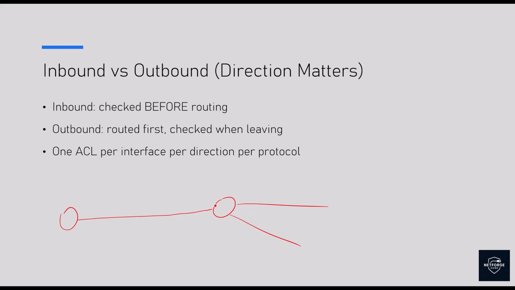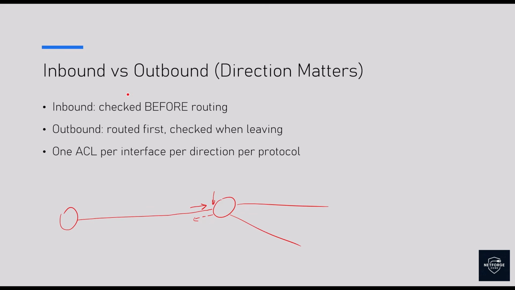If I want to apply an access list on this specific interface, I can tell this is going to be applied to the traffic that I am receiving or the traffic that I am sending. Most of the time, inbound is going to be more prevalent as a matter of fact, but this doesn't really matter. What matters is I am just selecting what type of traffic, inbound traffic or outbound traffic, is going to be selected.